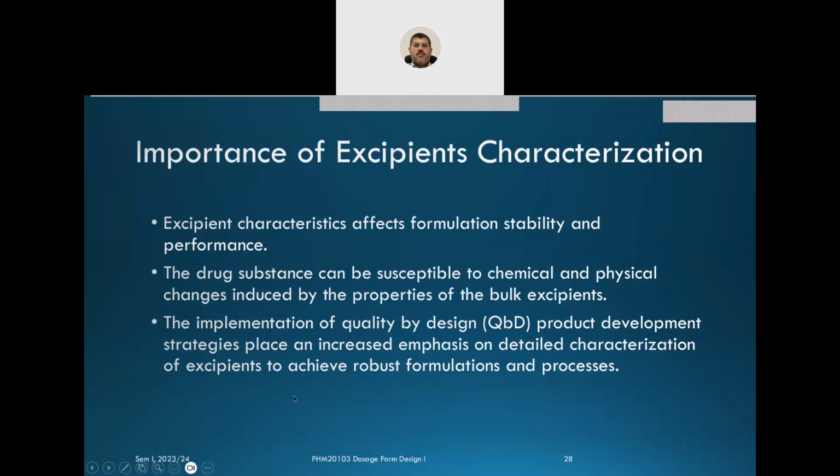When I do formulation development, I have a target drug release rate. For example, I want 80% of the drug to be released after 12 hours from the tablet. Okay? So I try different grades of a certain polymer, and then I study the relationship between the viscosity of the polymer and the release rate. This is what I call quality by design. From the beginning, I do design.